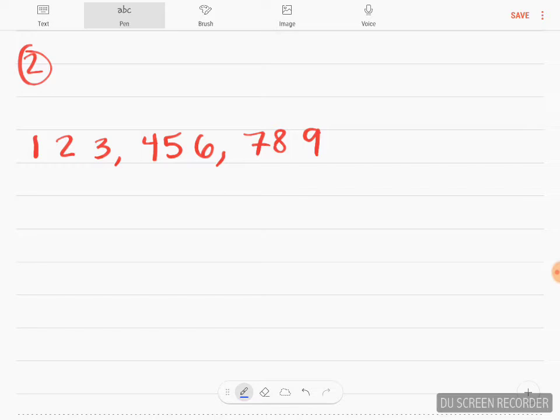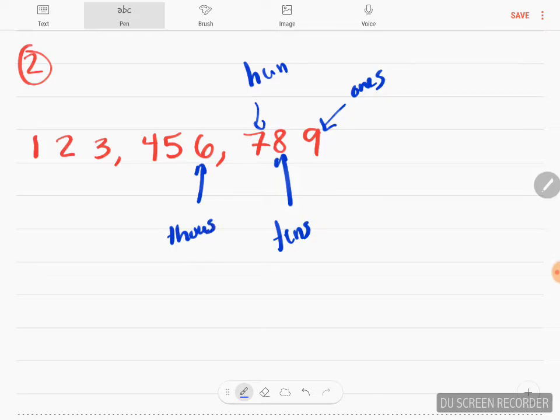All right, so let's figure this out. Right here we have the ones, we have the tens, we have the hundreds. I'm just gonna put that for hundreds. Maybe if you guys want, I'll put the N instead of D. We have the hundreds. Now we got the thousands.